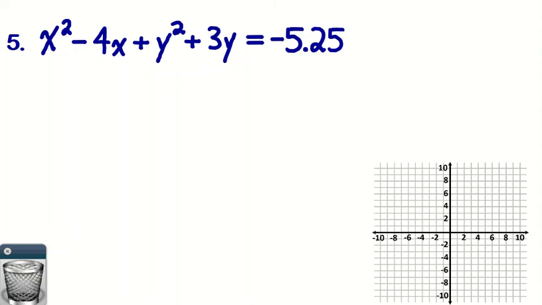Oh, another one where it is not even close to being in standard form. So what we're going to have to do is we've got that minus 4x term there and the plus 3y. So we're actually going to have to complete a couple squares. Again, this is called completing the square.